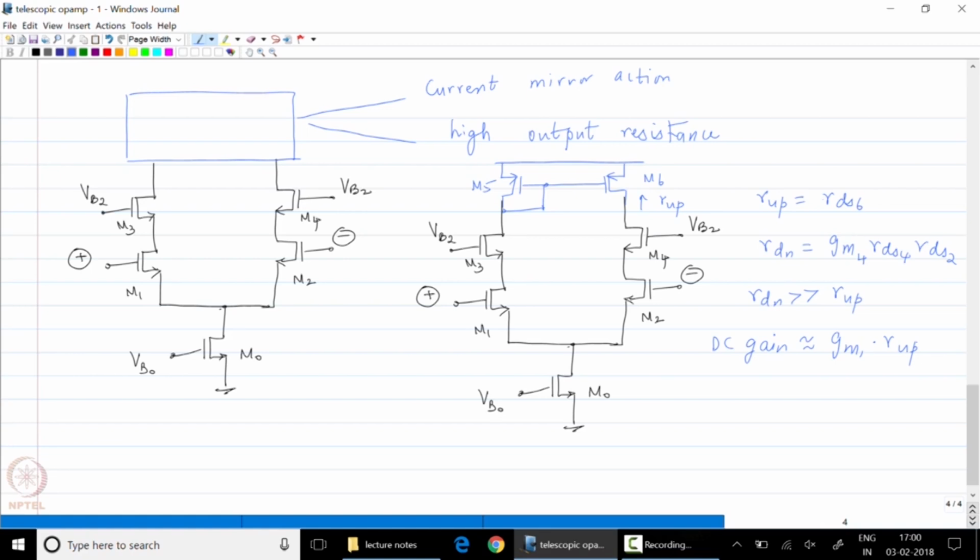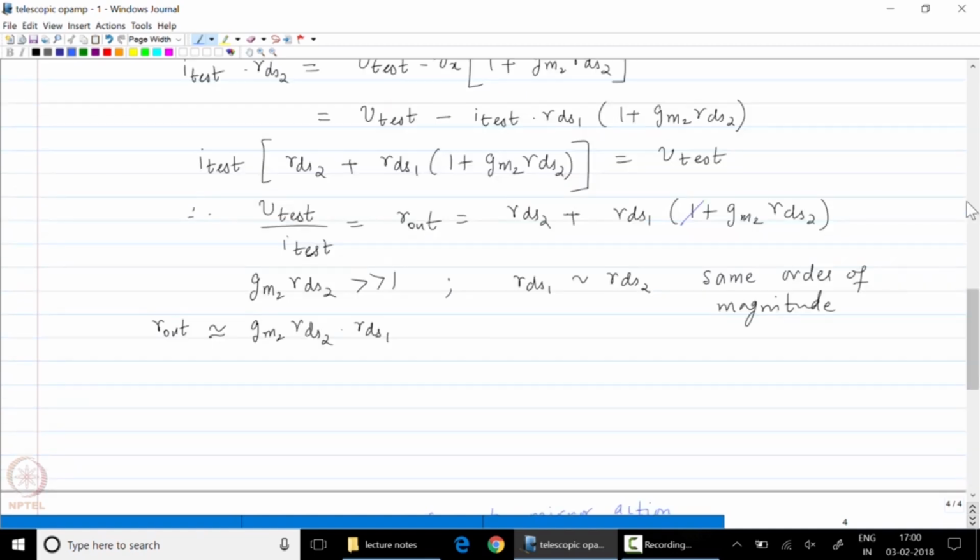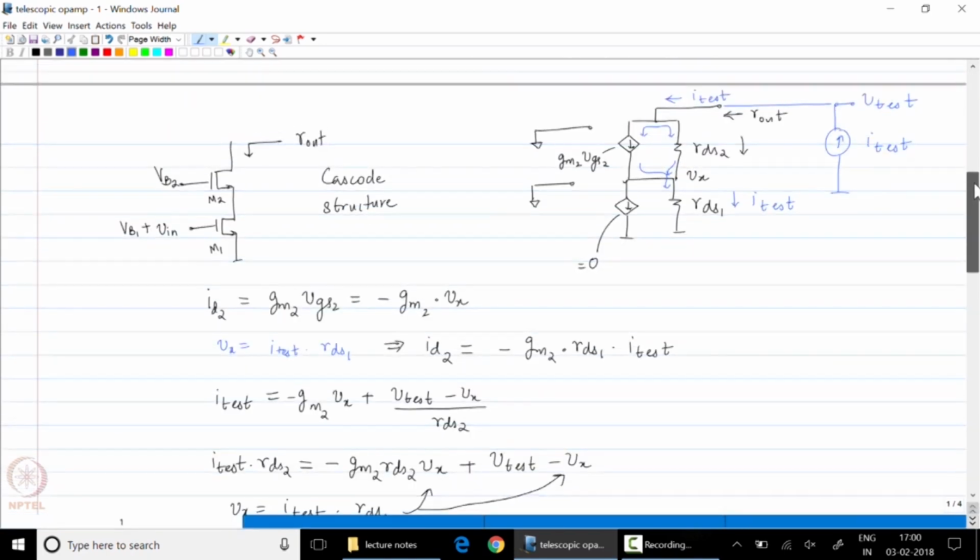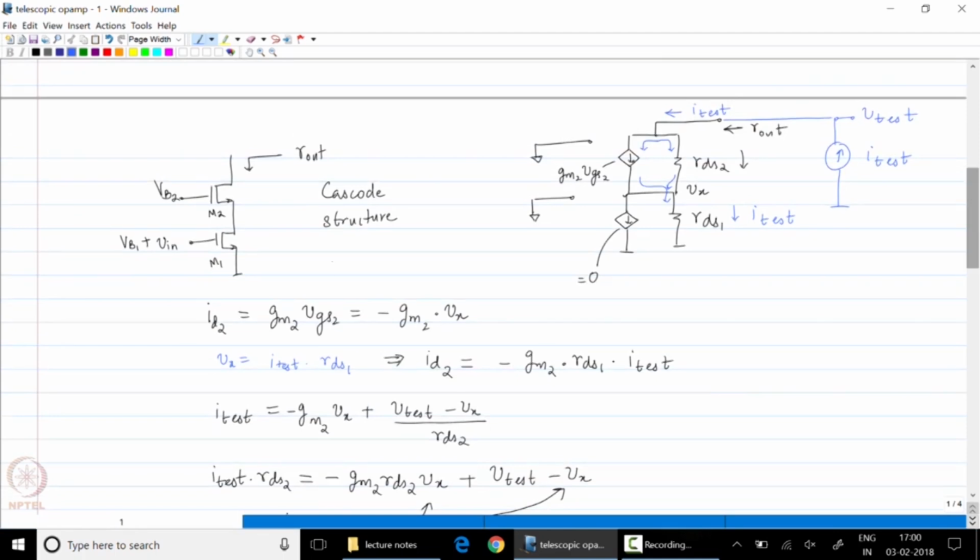Earlier it was half the intrinsic gain of the transistor. Now I would get approximately the intrinsic gain. This is a difference of only around 6 dB. So I want to increase the gain even further compared to this. Now please note that what is left unsaid is that this particular cascode structure has the same GM.